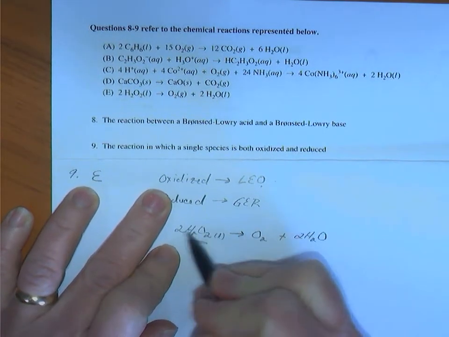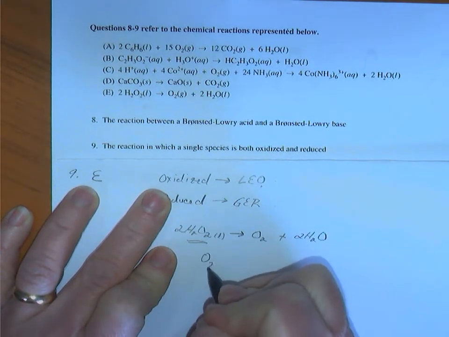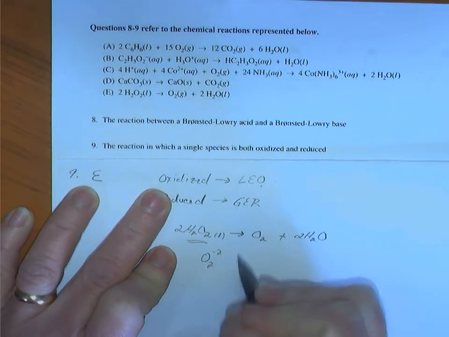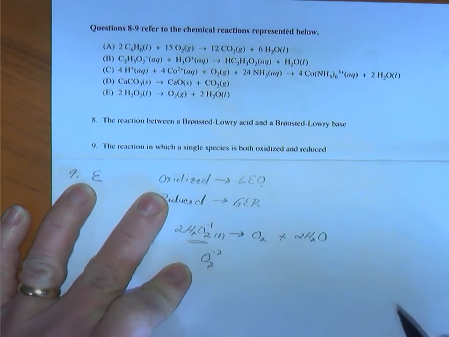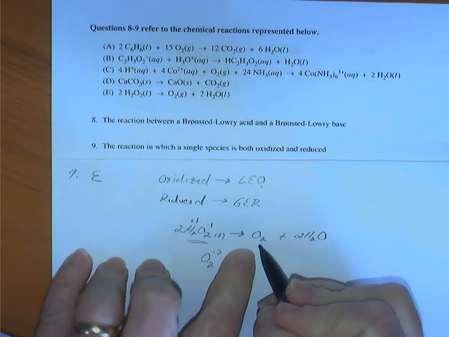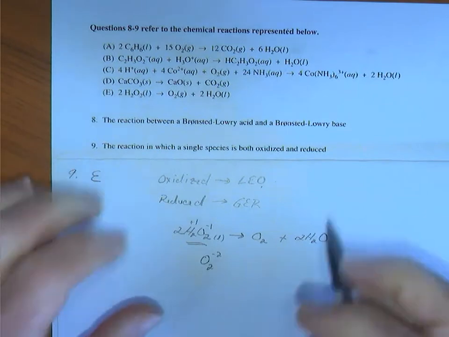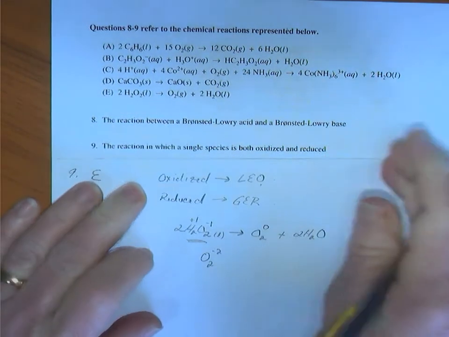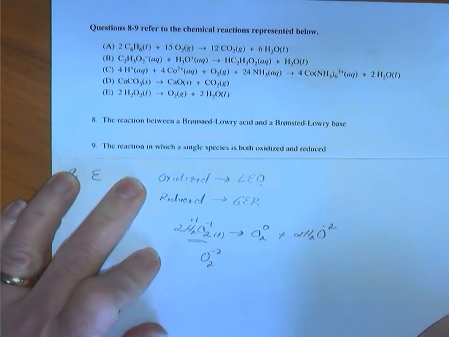We should recognize this as hydrogen peroxide. Peroxide is a polyatomic ion that collectively is -2, where each oxygen is showing an oxidation number of -1. Hydrogen is +1. Remember, an element, even if it's diatomic, in its element state is assigned an oxidation number of 0. And here in water, oxygen is showing -2.